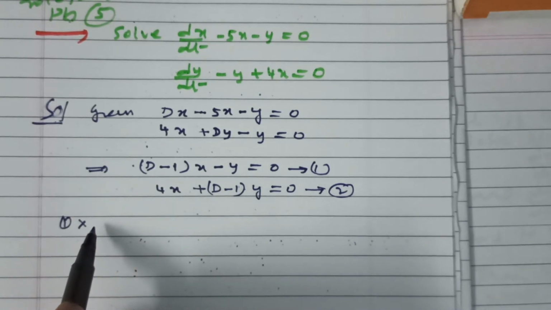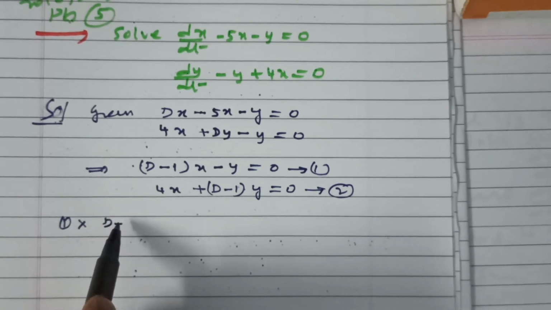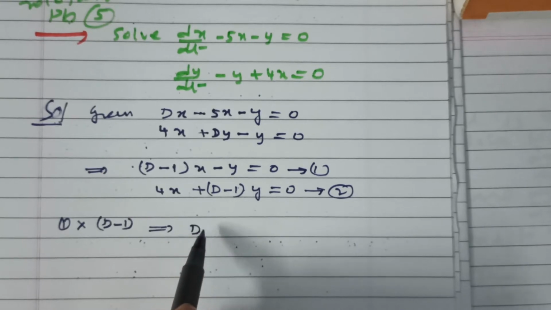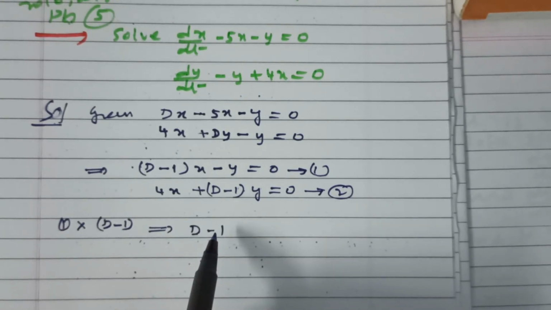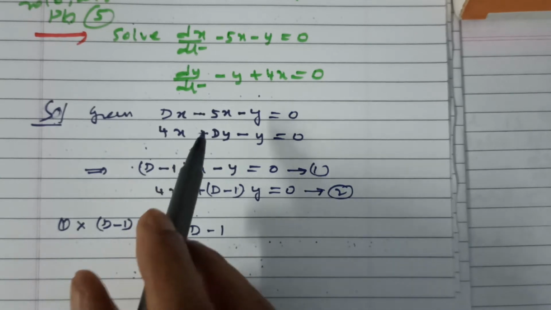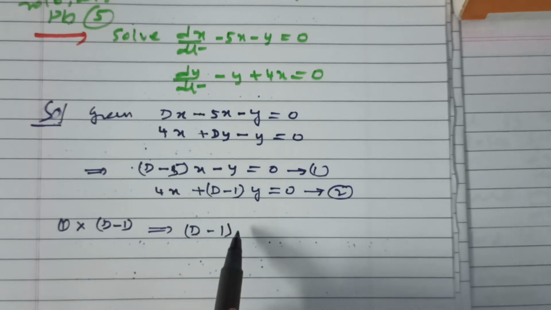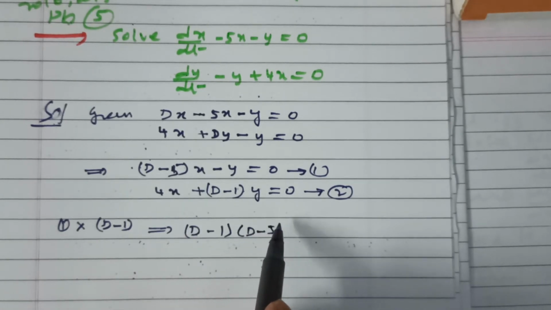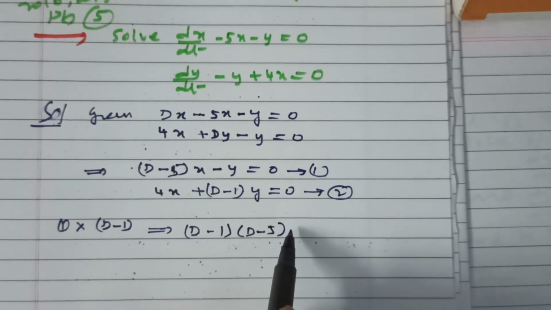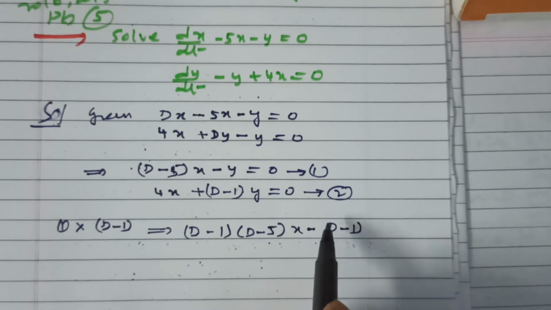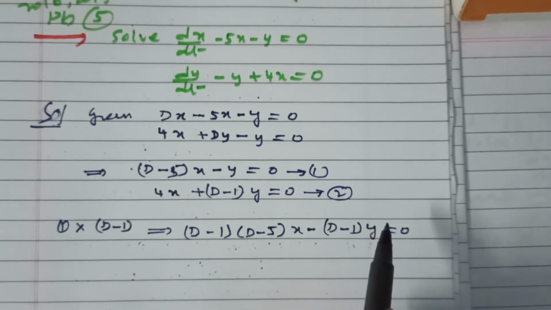So the first equation by D minus 1 implies (D minus 1) into (D minus 5) of x minus (D minus 1) into y is equal to 0.